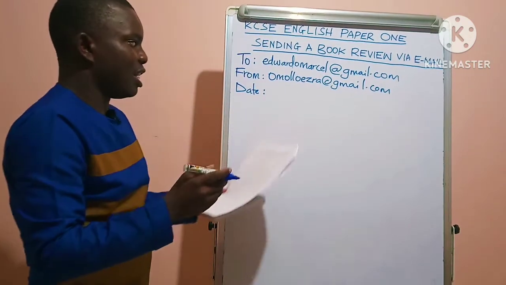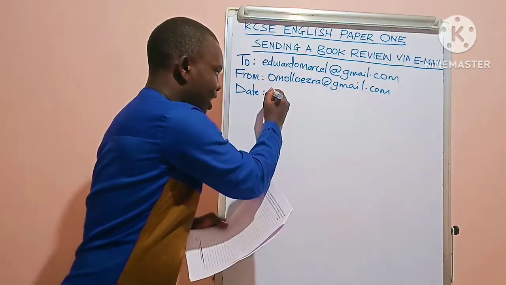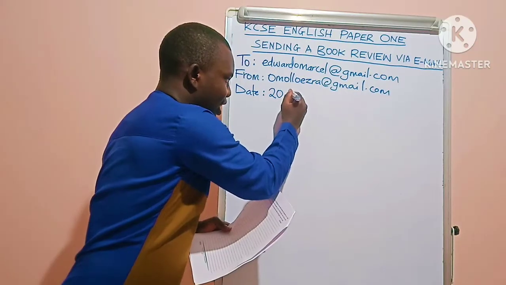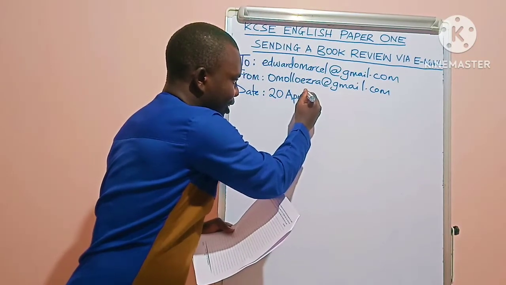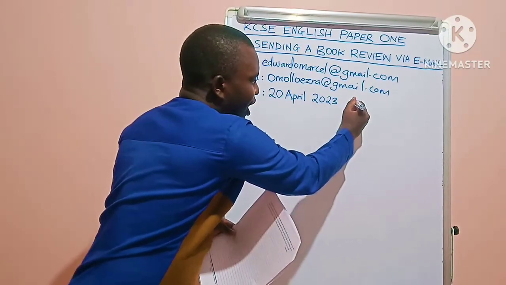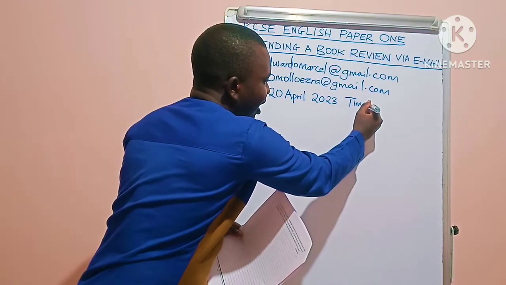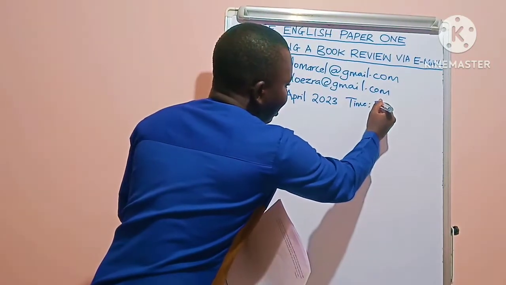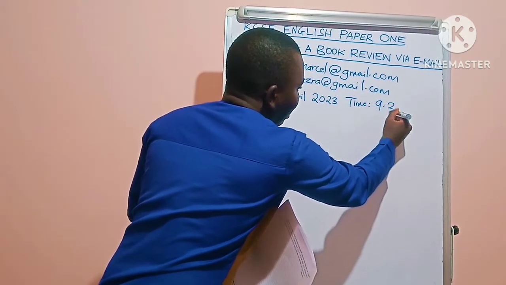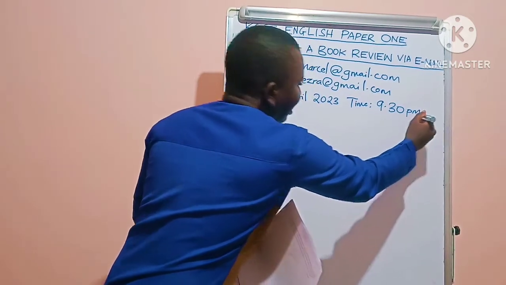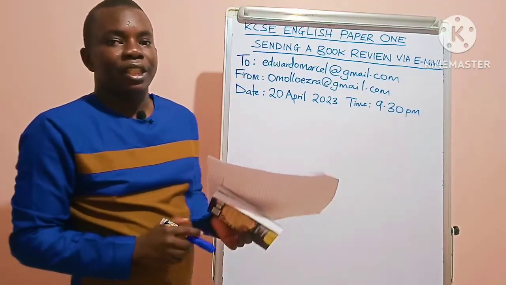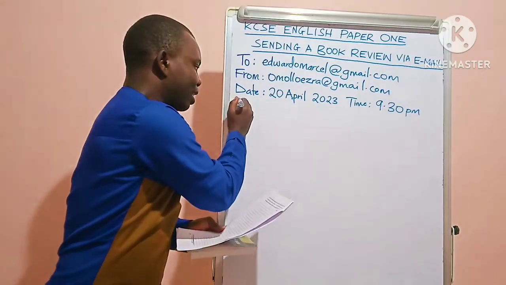And let's say that the date here is 20th April. The year is 2023. And then the time of sending the email is, let's say, 9:30 p.m.